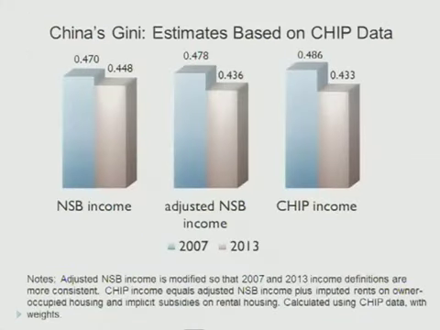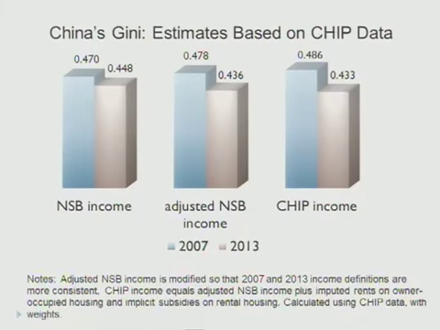My project also collects household data. We have conducted household surveys in 1988, 1995, 2002, 2007 and 2013, five rounds of national household surveys. We also compare the Gini coefficient estimates with the data we collected in the last two rounds.